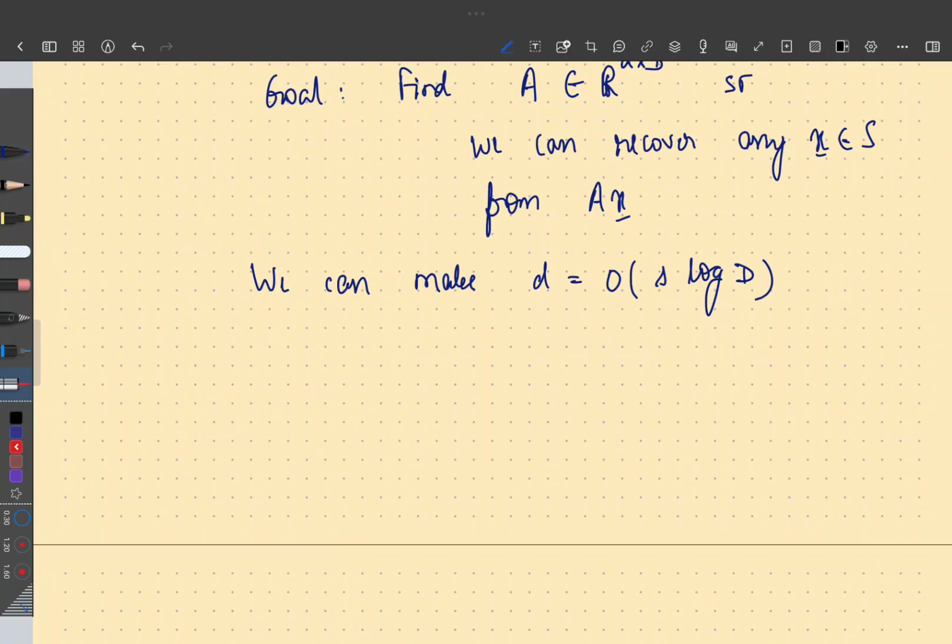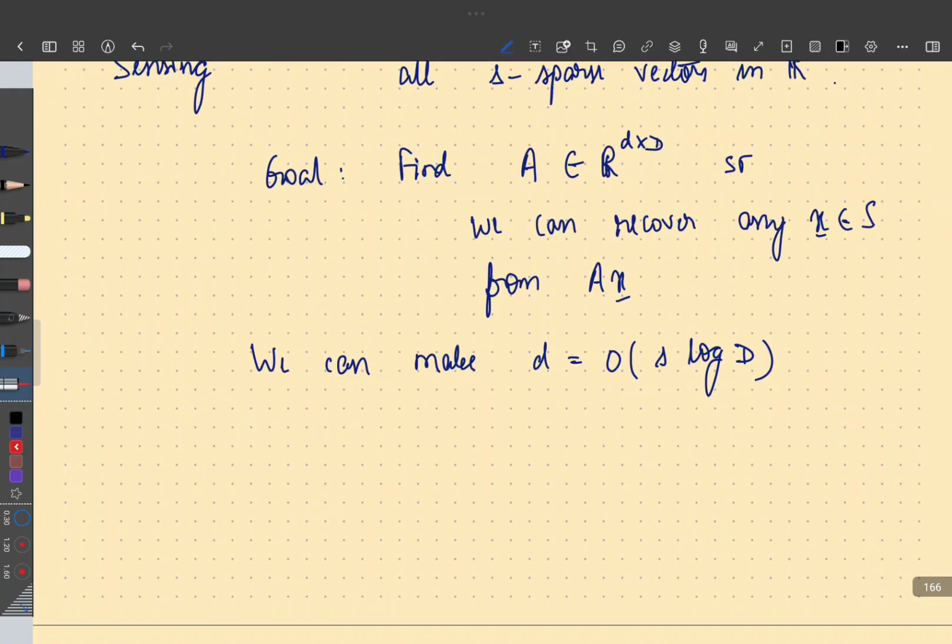What would be the optimal way of storing the entire vector, where you assume that S is much, much smaller than D? Any thoughts? Your goal is to only store it. I don't require you to be able to do A times X or any nonlinear operation, you just want to store this vector.